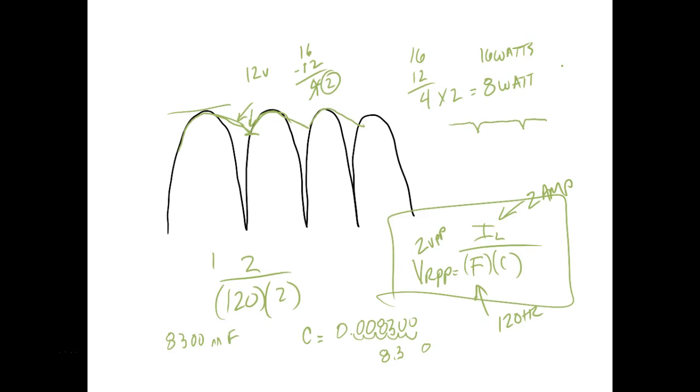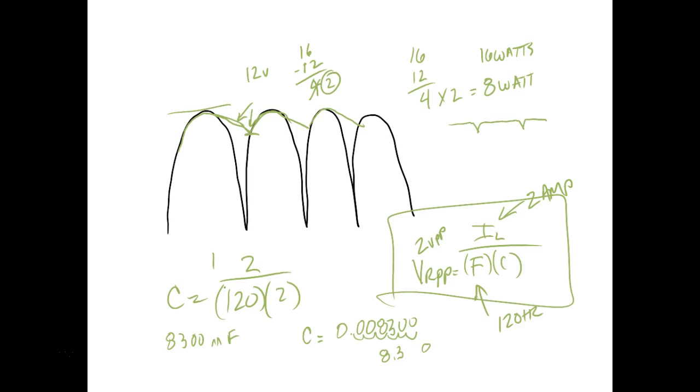Well, the only thing that we didn't work out was how to calculate that. So what's C equal to? Your V ripple peak to peak, divided by 120 times your current.